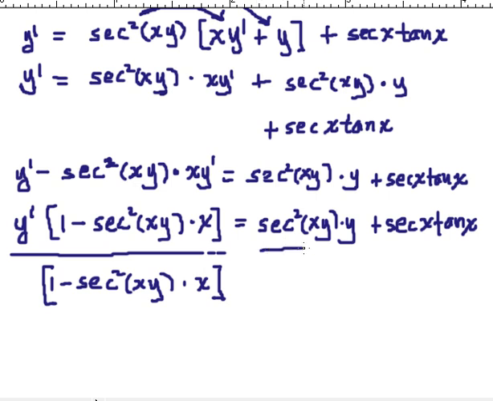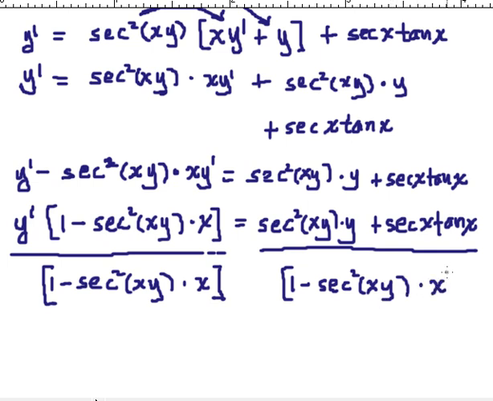We divide both sides of the equation, left and right. Now these cancel top and bottom, and we have y prime equal to this expression here on the right.